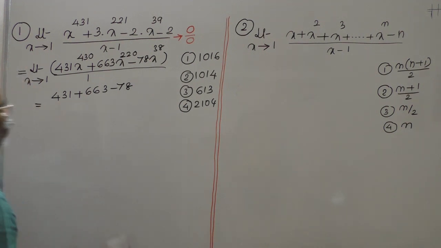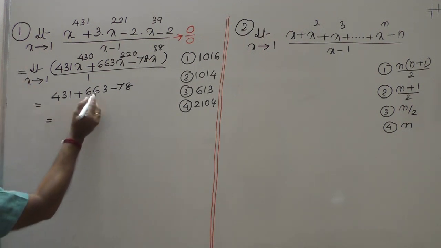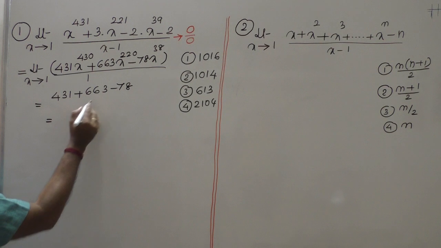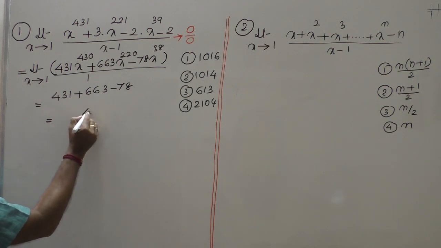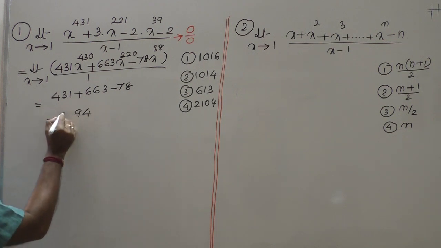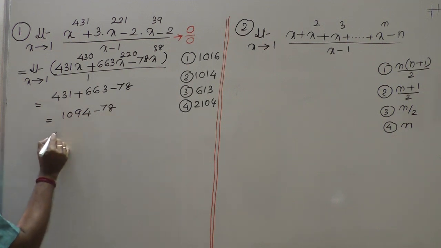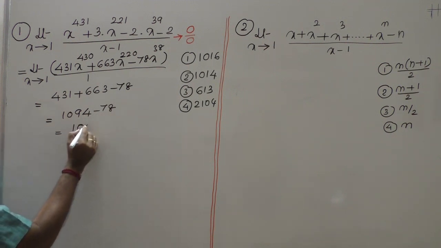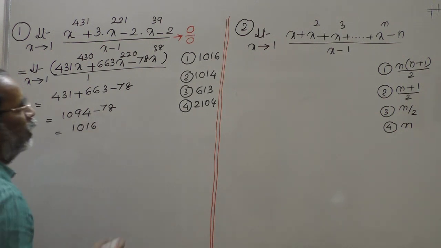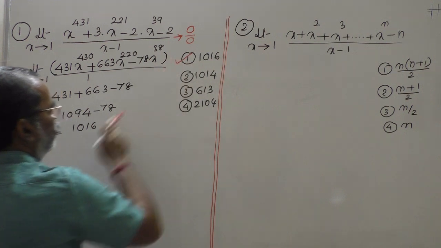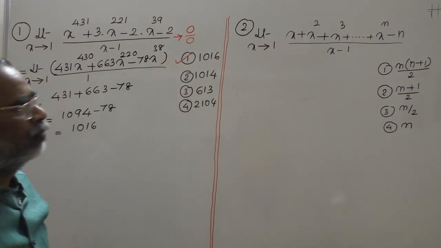Let us simplify. Adding these, 431 plus 663 is 1094, minus 78. Therefore this is 1016. This is the answer. Therefore the first option, which is a determined value.